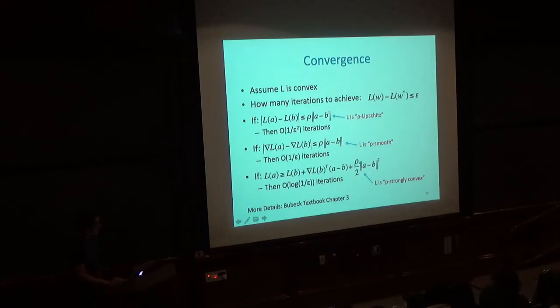And if the objective function is strongly convex, which basically means it looks something like a quadratic function with really strong curvature, then it only takes log of 1 over epsilon iterations to converge to the global optimum within epsilon. If you're interested in this style of analysis, it's beyond the scope of this class to go into these things in depth, but you can look at one of the free online textbooks linked from the course website.